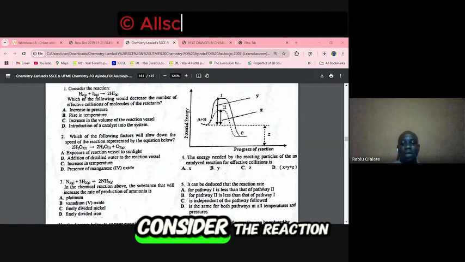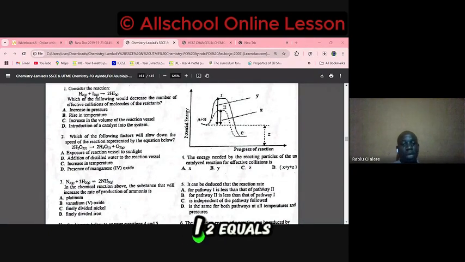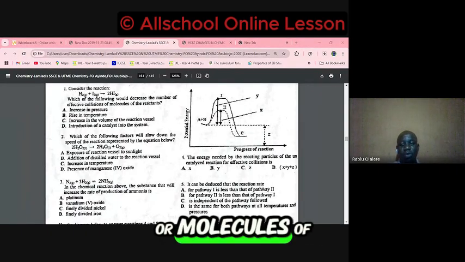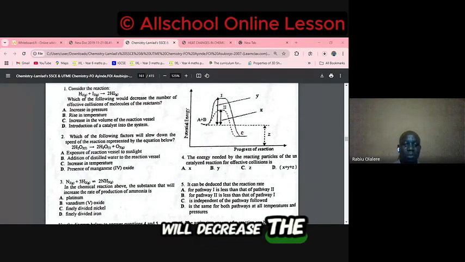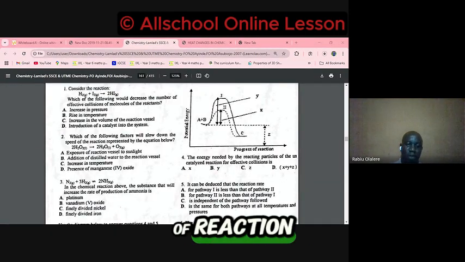Consider the reaction H2 plus I2 giving us 2HI. Which of the following will decrease the number of effective collisions of molecules of the reactants? So they're asking for the one that will decrease the number of collisions, so indirectly, the one that will decrease the rate of reaction.